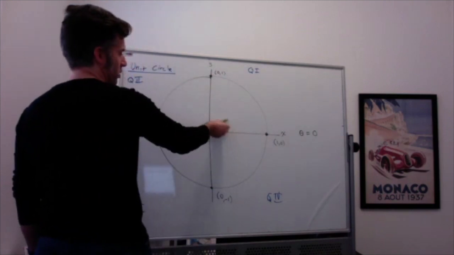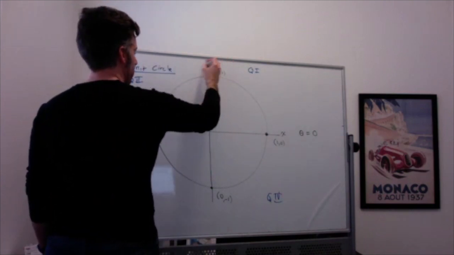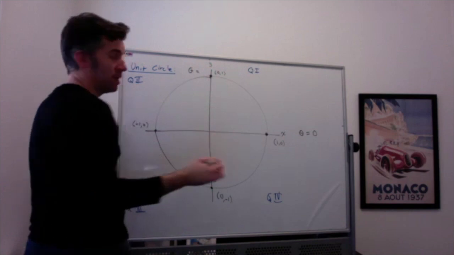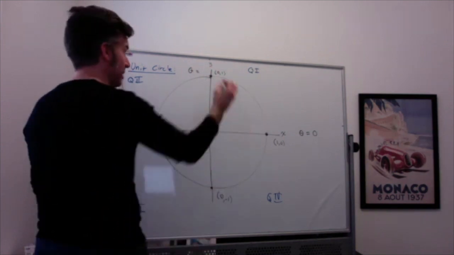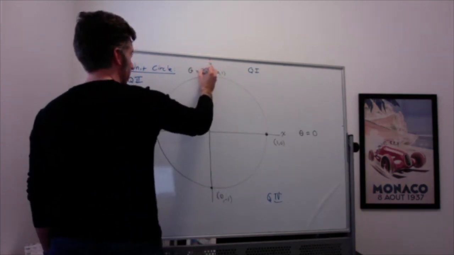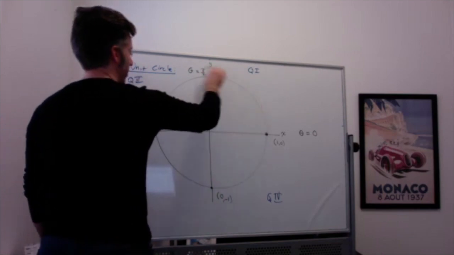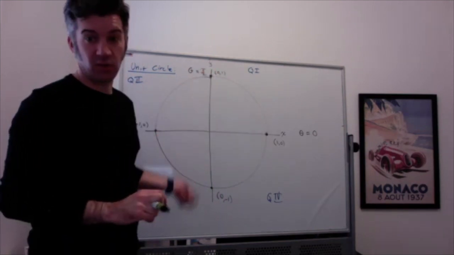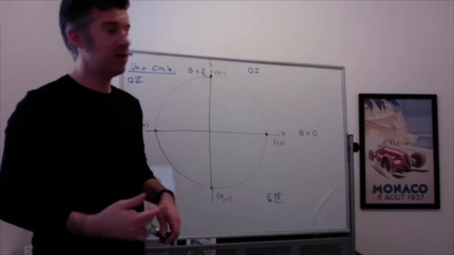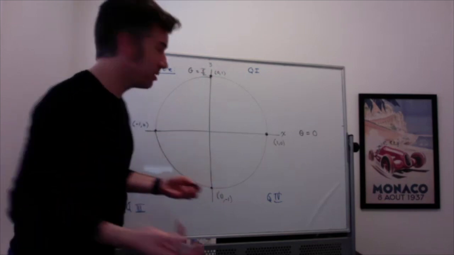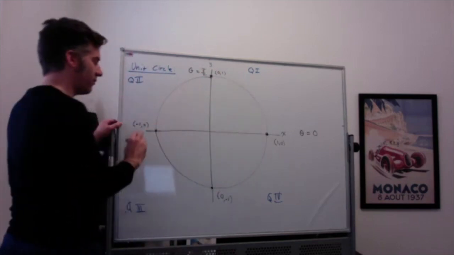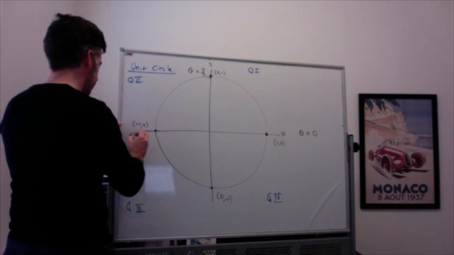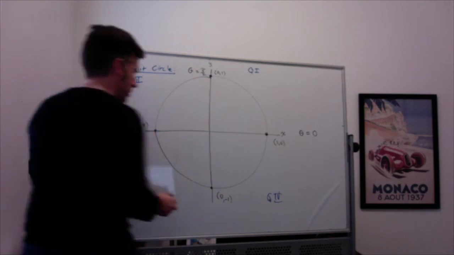And up here, right, if I go this much, the angle is, you can either say it's 90 degrees, but I'm going to use radians and say it's pi over 2 radians. If you go halfway around, well, again, remember the whole way around the circle is 2 pi radians. So halfway around is going to be half of 2 pi, which is pi radians.